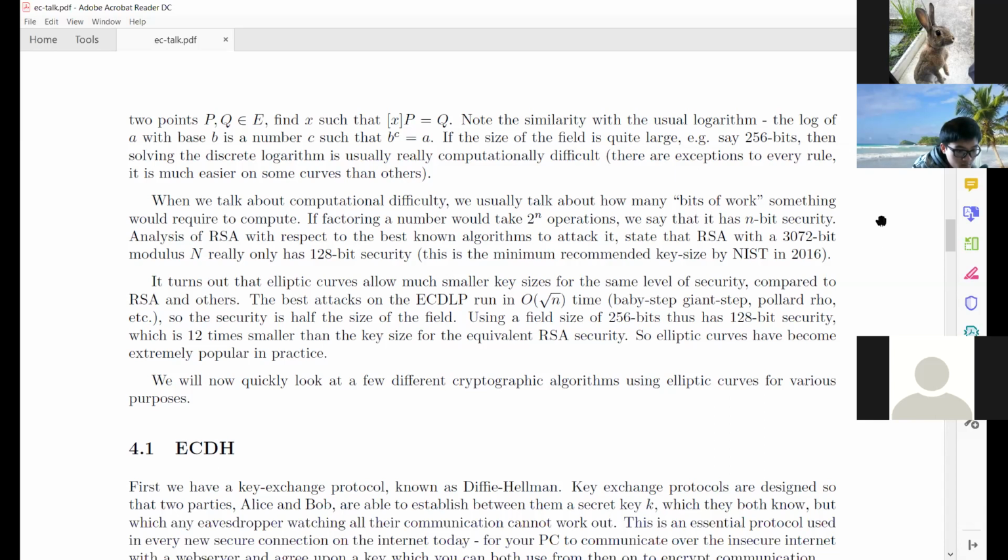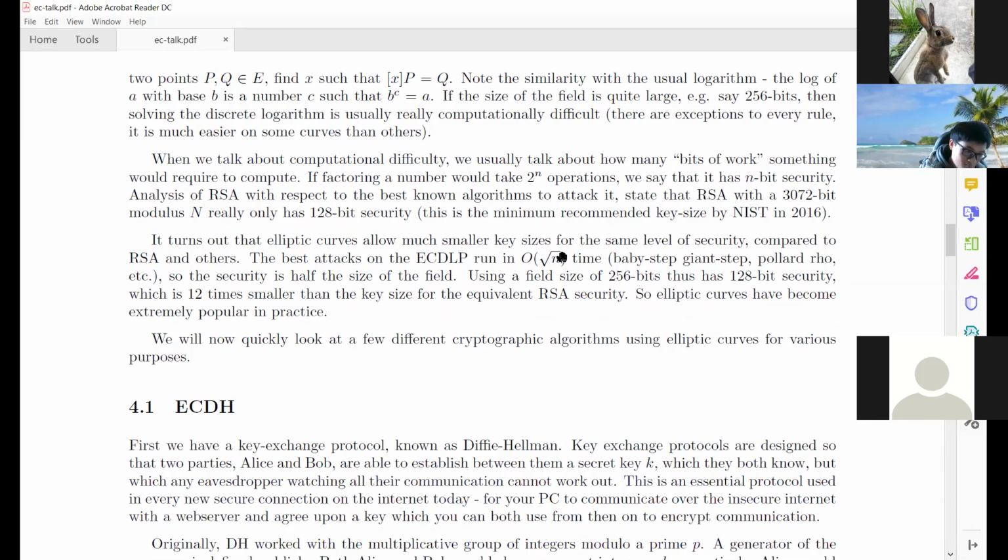So that's what that means. The security is obviously a lot lower than the size of n here, and that's one of the things we'll see is a lot nicer about elliptic curves than RSA, because the numbers here have to be really large, like the 3072-bit number n, to get just 128-bit security. Whereas with elliptic curves, if we're talking about the elliptic curve discrete logarithm problem, the best attacks known in general run in O of square root n time.